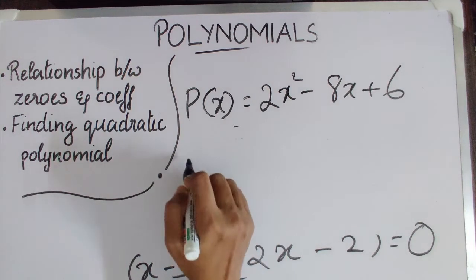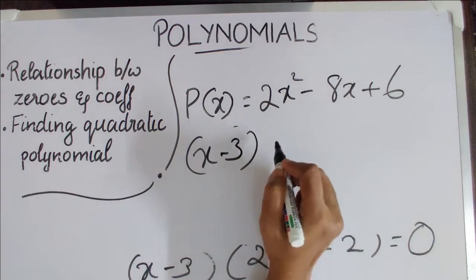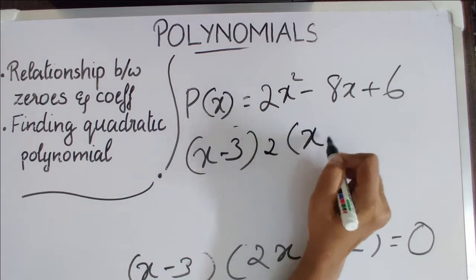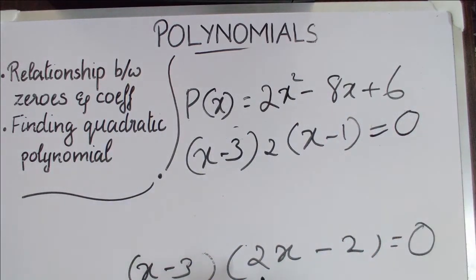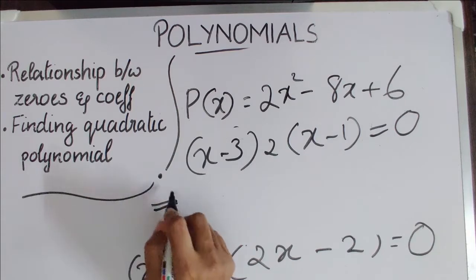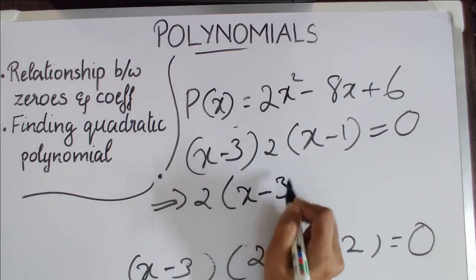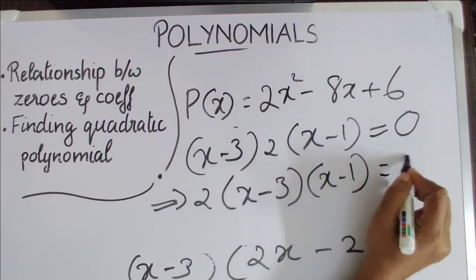From this equation, x minus 3 into, taking 2 outside from this term, 2 into x minus 1 equal to 0. This implies 2 into x minus 3 into x minus 1 equal to 0.